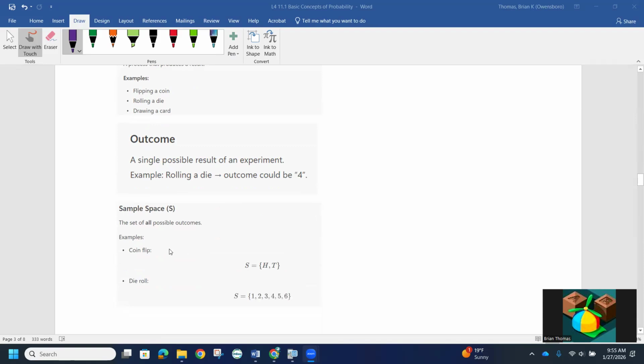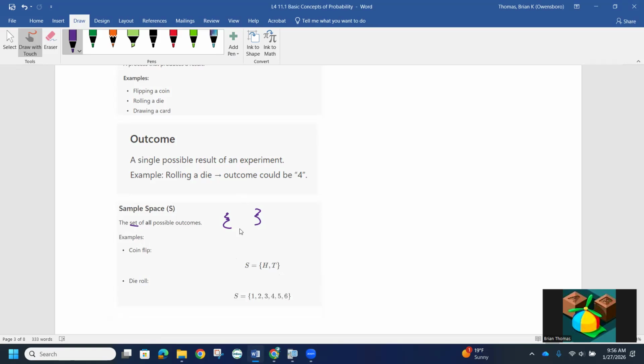If I flip a coin, there's only two outcomes possible, heads and tails. So the sample space, they're using S here for sample space, is going to be the set of heads or tails. This is the set notation. It's the set of all possible outcomes. When you see that word set, a lot of times you'll see these little braces involved, and what's in that set are the possible outcomes.